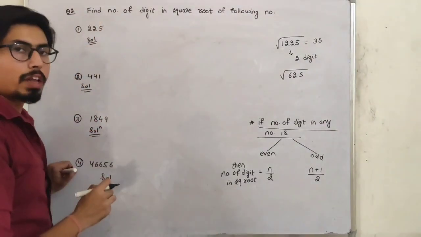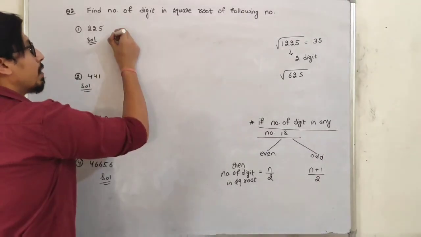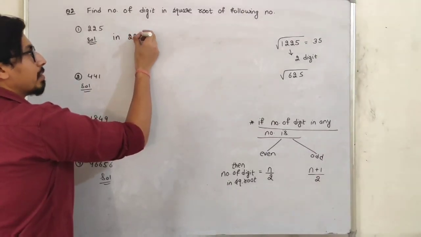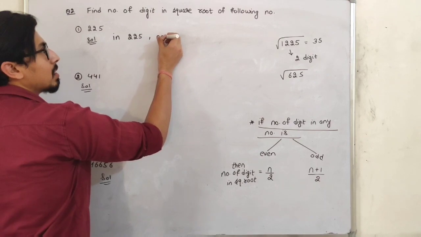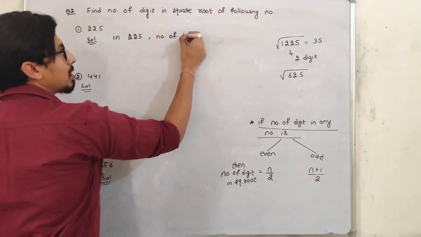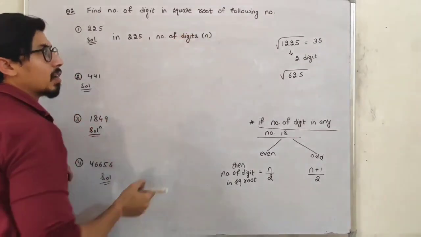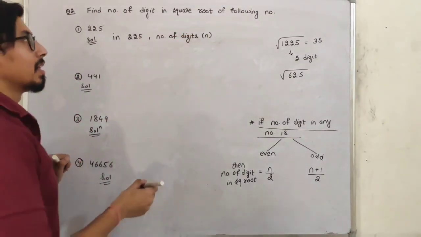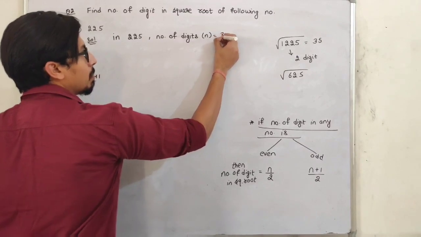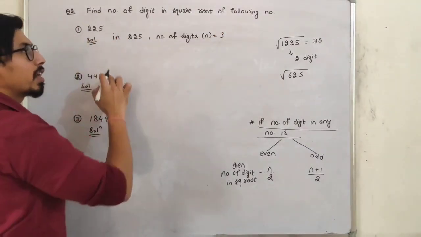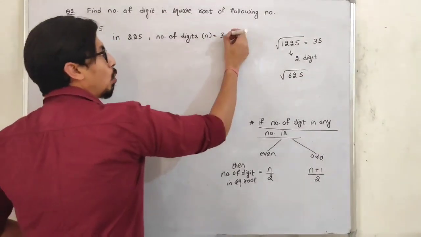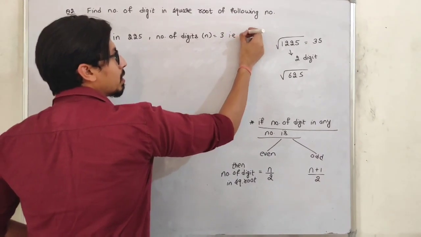See, the number is 225. In 225, the number of digits, or we can write it as n, is equal to 3, because 1, 2, 3, there are only 3 digits. That is odd, because 3 is an odd number.